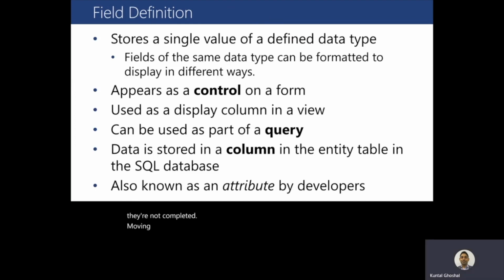Moving on, let's talk about the field definition. The field is again a column that's been created in your entity table inside the database. A field can have different data types. In our previous example, we have seen text as a data type, but it can also have multiple different data types, and it appears as a control on the form.